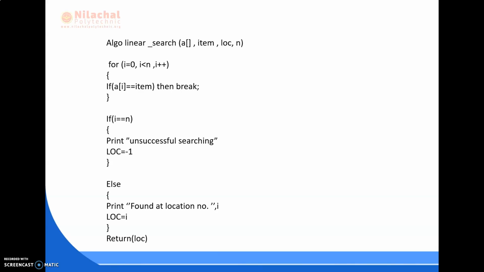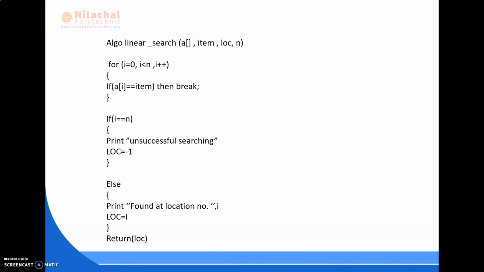So we have a for loop with one variable I that will start from the first element and go up to the total number of elements present in the array. So I is initialized with the value 0 and continues while I is less than n.